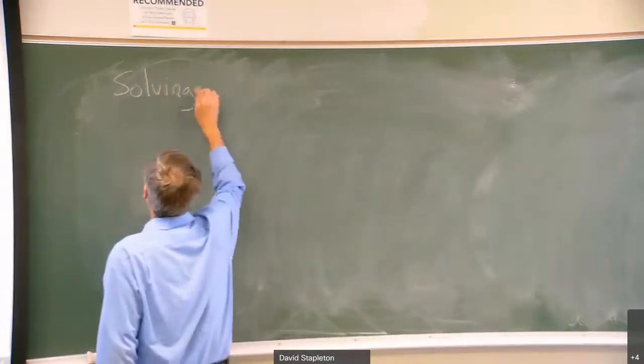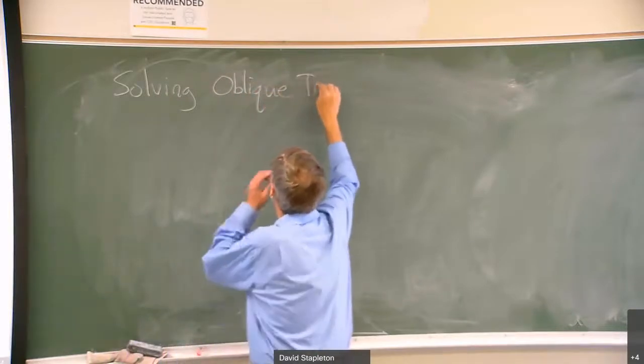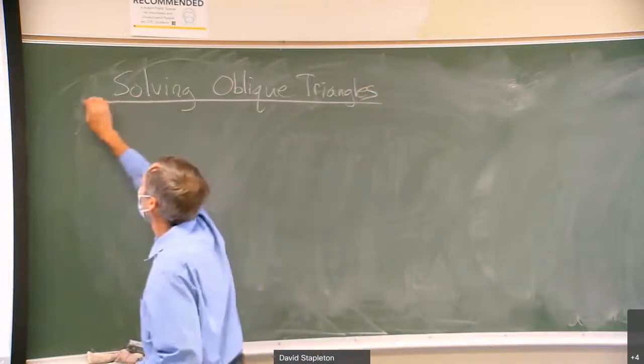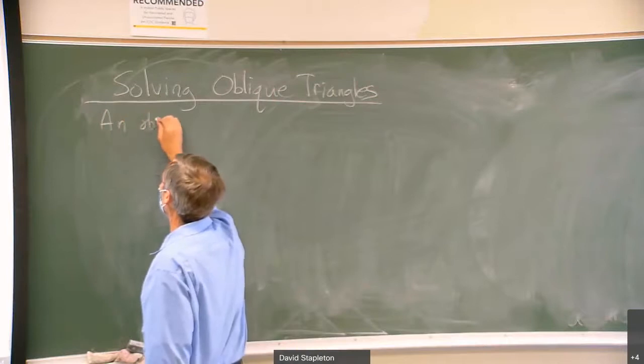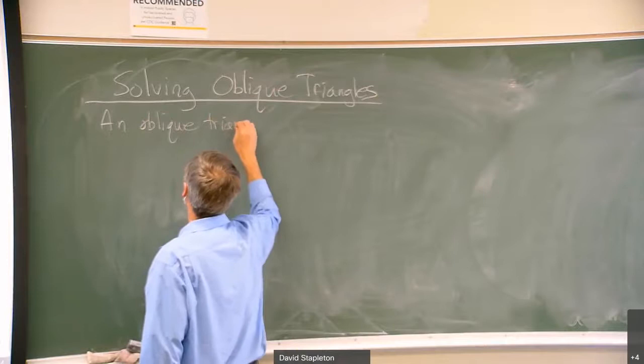So the topic now is solving oblique triangles. And we'll just repeat. Oblique triangles are non-right triangles.